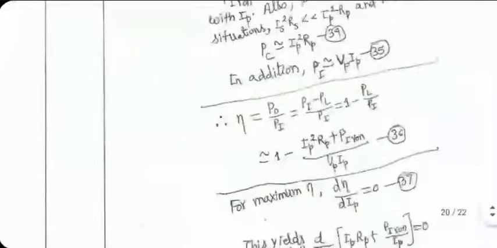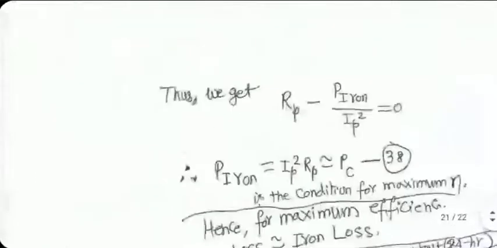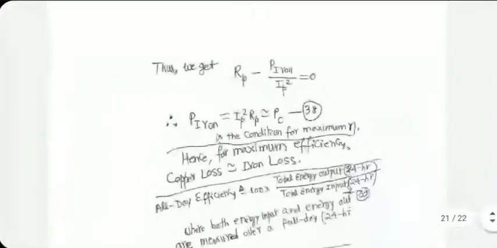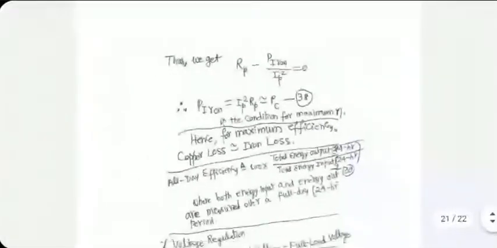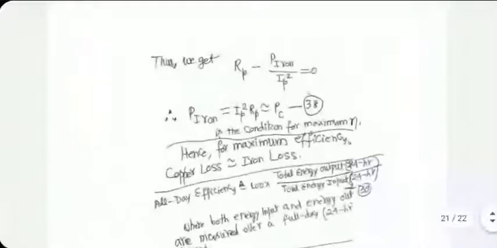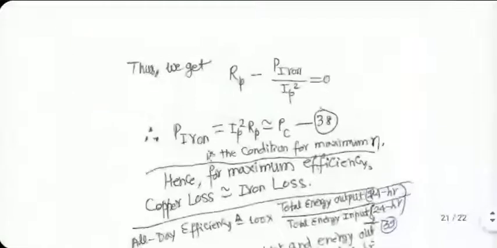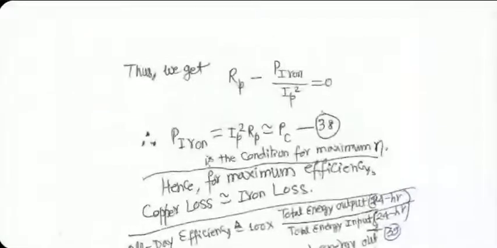So the condition for maximum efficiency under certain simplifying assumptions is that iron loss and copper loss should be equal to each other. I don't know how practical it is, but at least theory tells you that. If you can somehow make iron loss and copper loss equal, you'll get the best efficiency in the transformer.